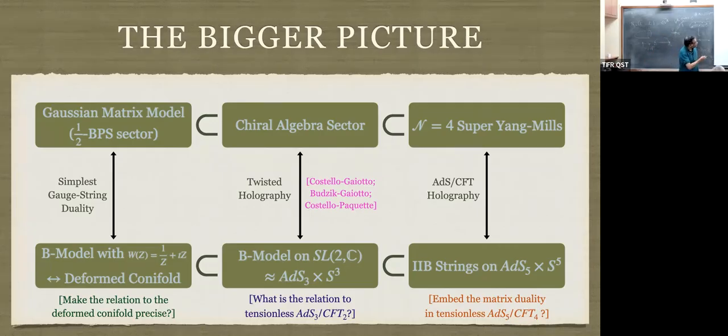And these people proposed a dual to that sector. That sector is a protected subsector, which is roughly like an AdS3 times S3 inside the AdS5 times S5. So you're looking at a plane. There's a dual which is an AdS3, but there's a conifold-like geometry sitting inside here.